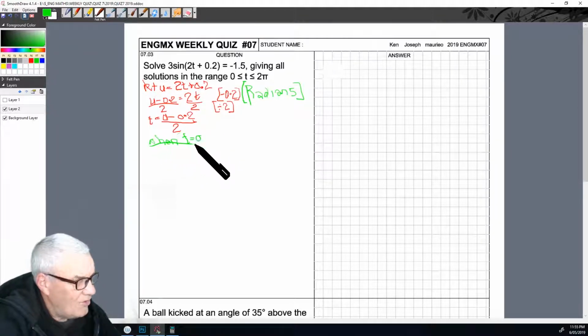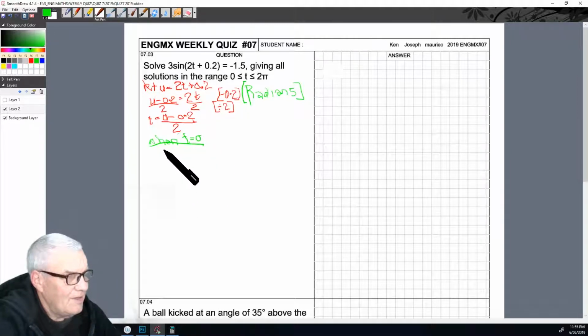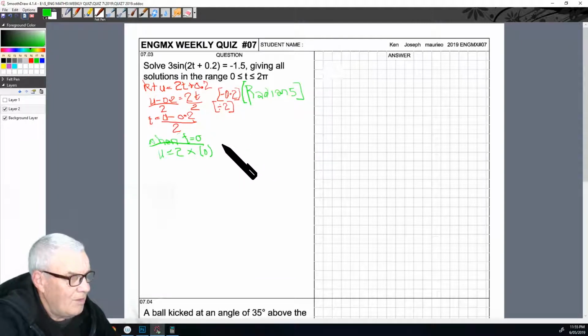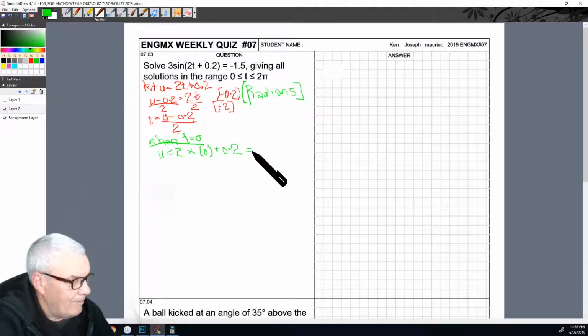When t equals 0, u equals 2 times 0 plus 0.2, which equals 0.2.